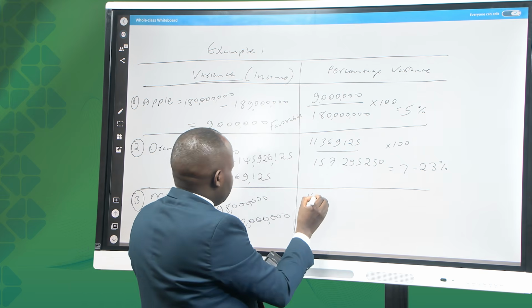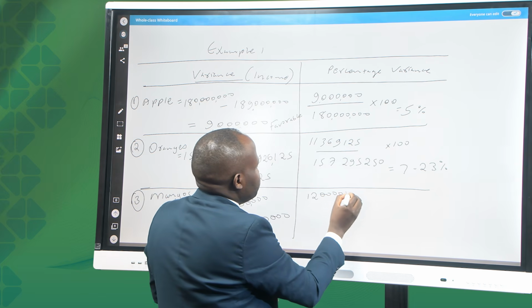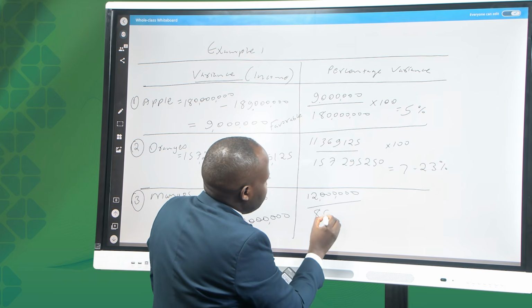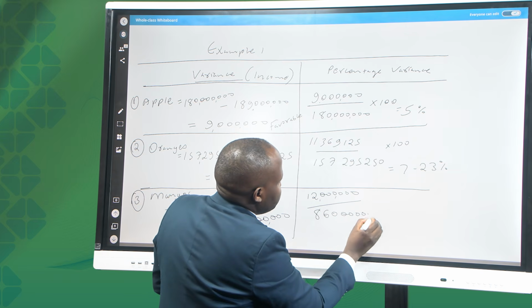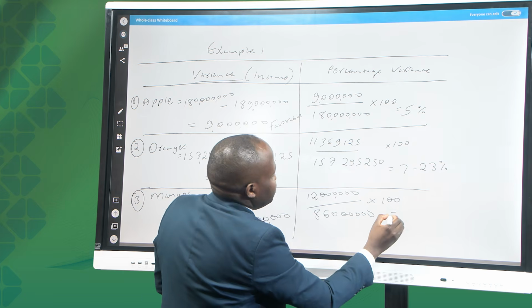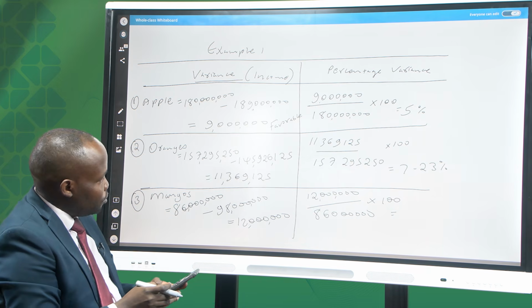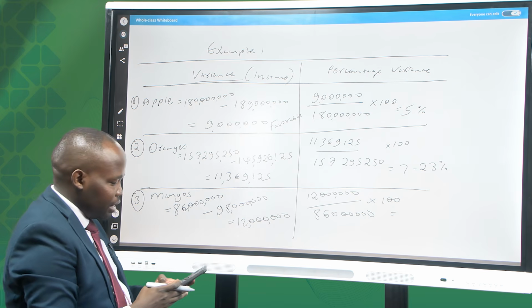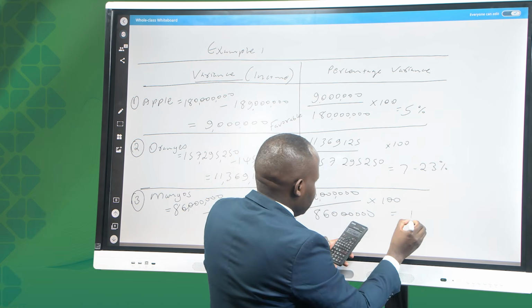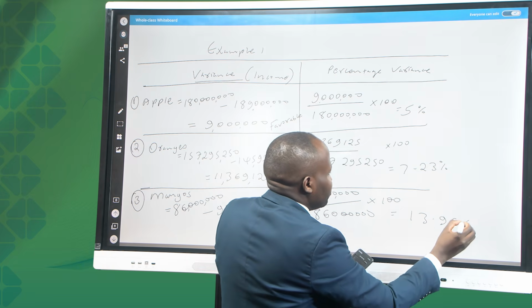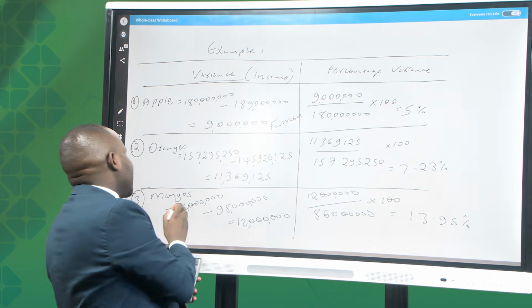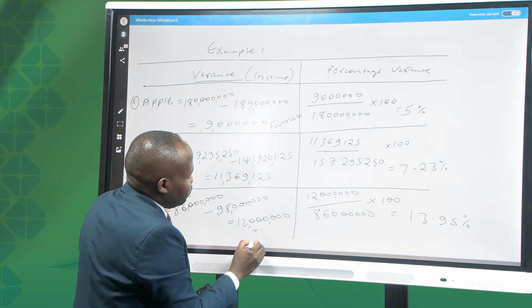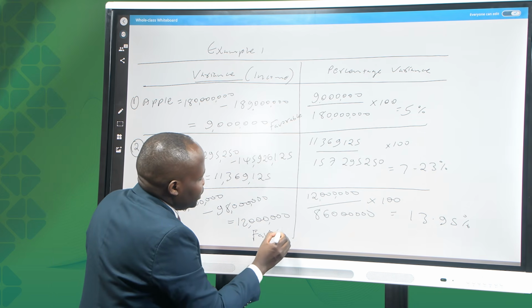So percentage is 12 million over 86 million times 100. So 12 million divided by 86 times 100 gives you 13.95%. So here we had budgeted to receive 86, we received 98. So this is favorable because we gained.